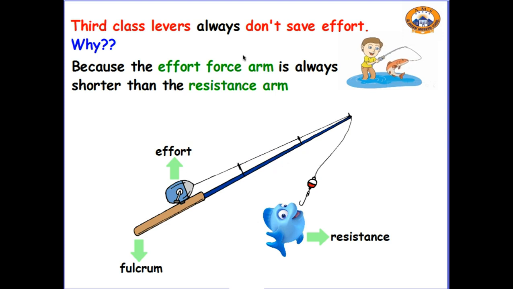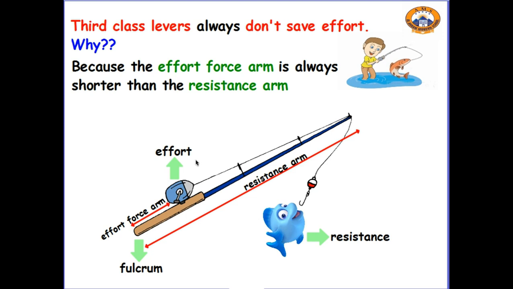Can you determine where the effort force arm is? It's the distance between the fulcrum and the effort force. And where is the resistance arm? It's the distance from the fulcrum to the resistance. Can you notice here that the effort force arm is shorter than the resistance arm?